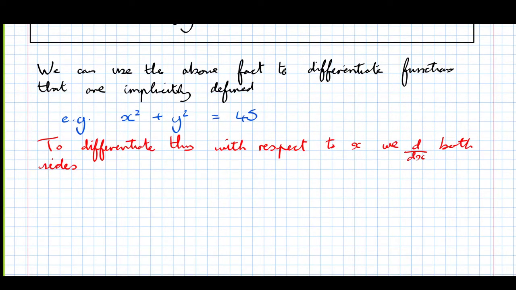So let's write that down. So d dx of x squared plus y squared equals d dx of 45. And it would be wrong to say dy by dx equals in this case, because the equation doesn't say y equals, so we can't explicitly say dy by dx equals. So we've got to go about differentiating it this roundabout way.